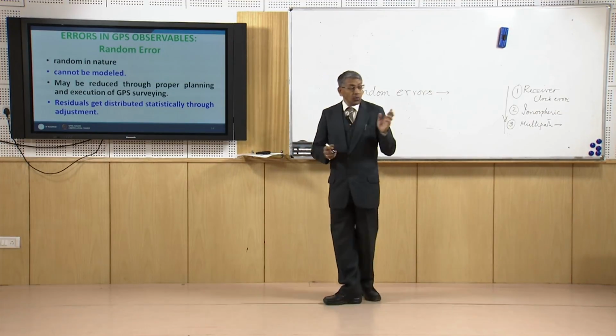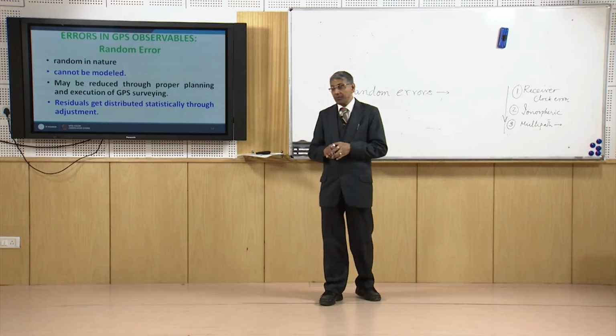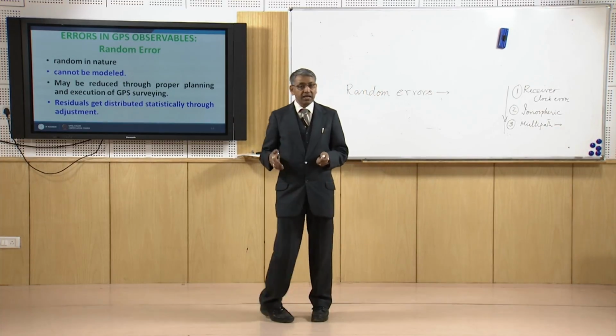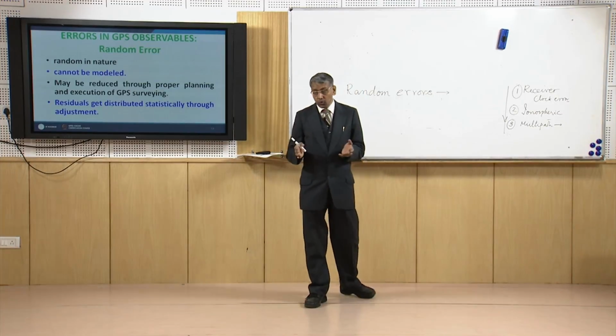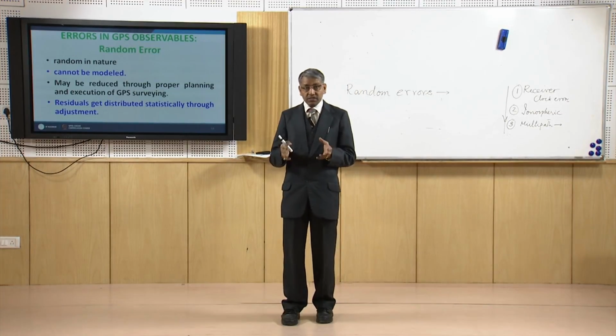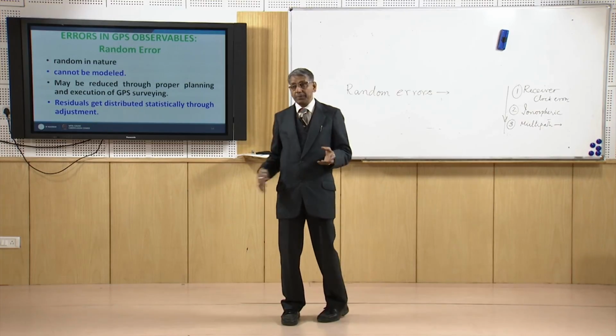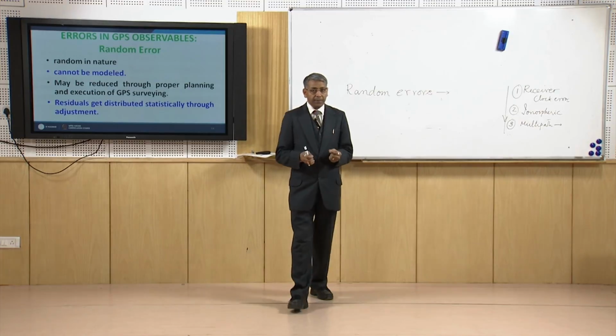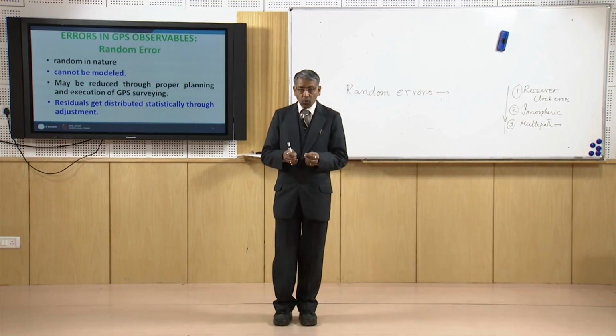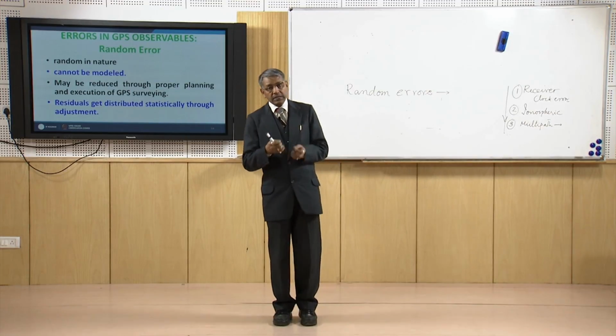Also we take care of random errors by statistical analysis. Through statistical analysis, the random errors are distributed among different parameters, so that each of the computed parameters has some error which is very insignificant.